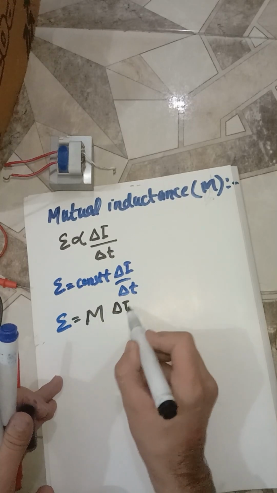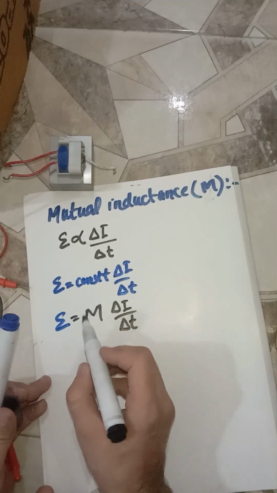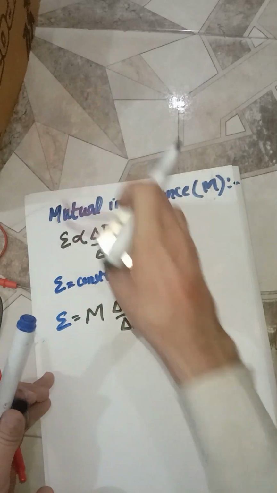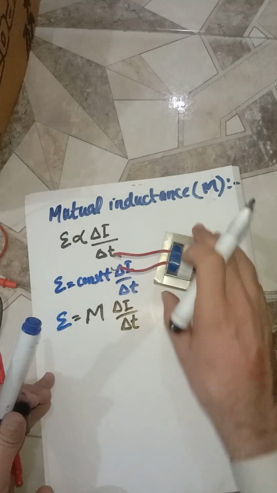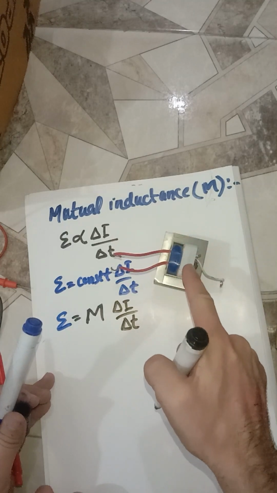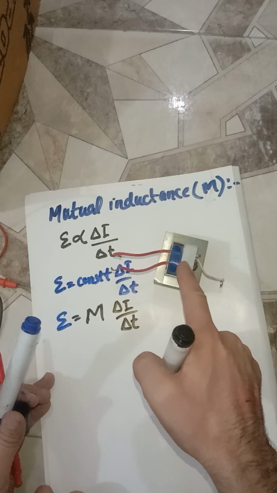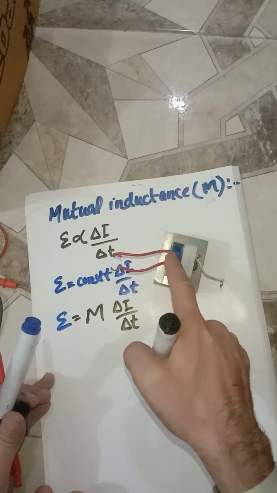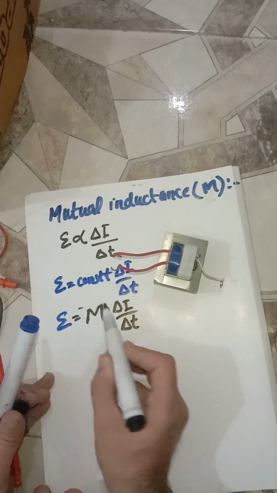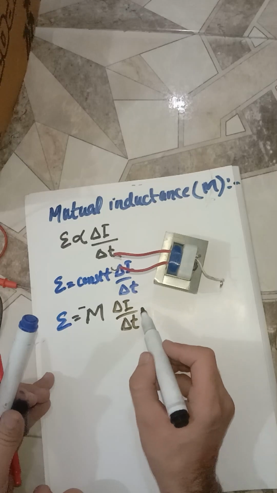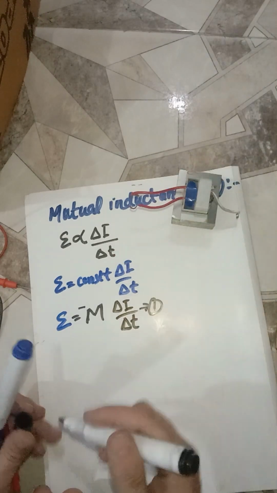This is the expression for the EMF induced in this secondary coil, and according to Lenz's law, the EMF induced in the secondary coil will always oppose the change in the magnetic flux of the primary coil. So for that we put the negative sign, and this is equation 1.